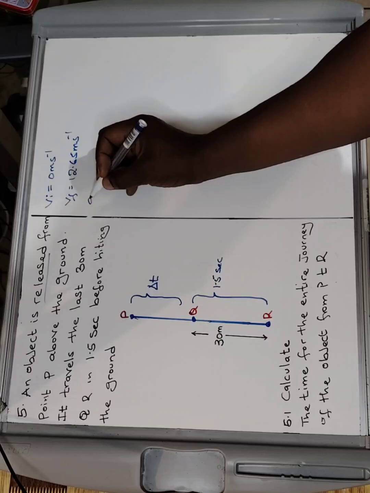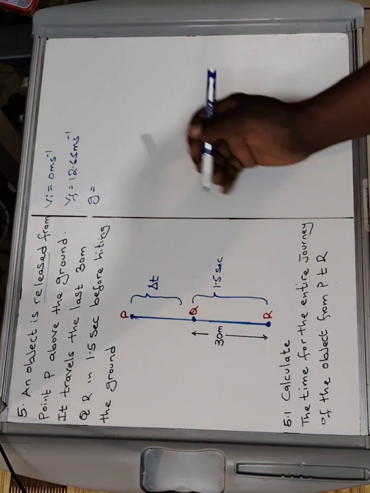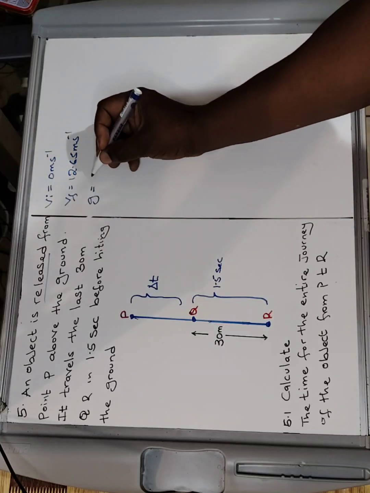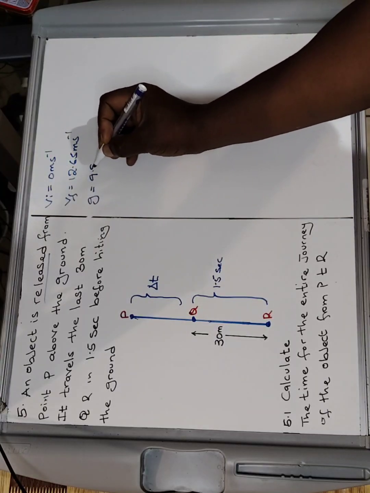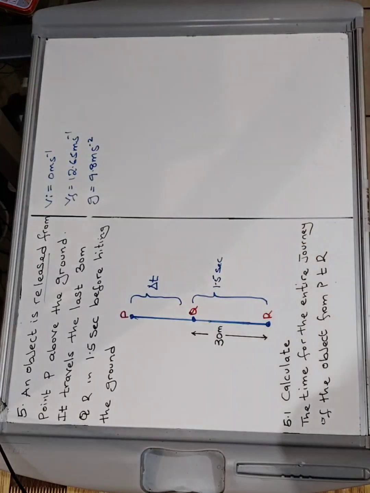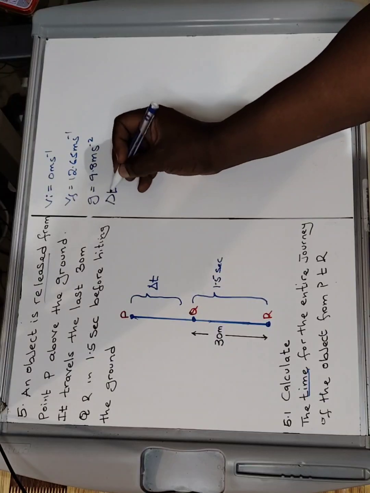What else do we know? We know g, the acceleration due to gravity, and the body is going downward, so it's positive. It's 9.8 meters per second squared. What else do we know? We look for our unknown. Our unknown is delta T. So that's it.